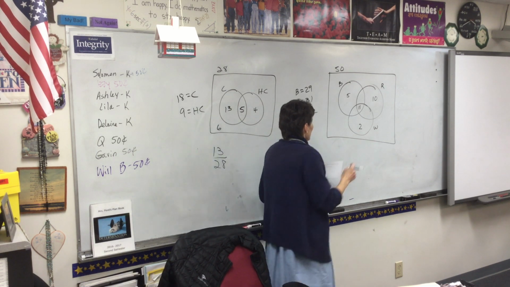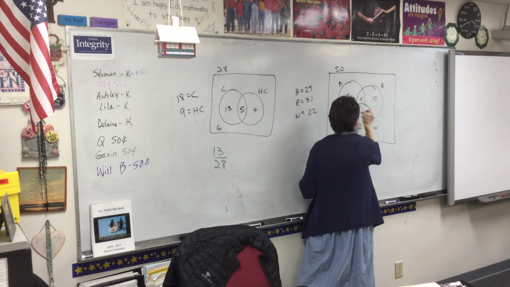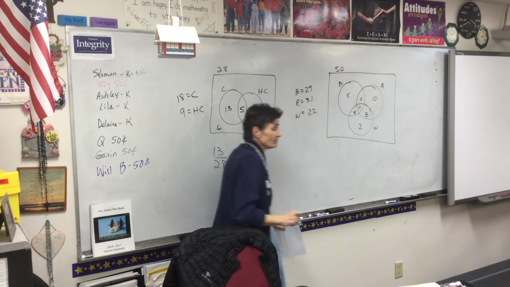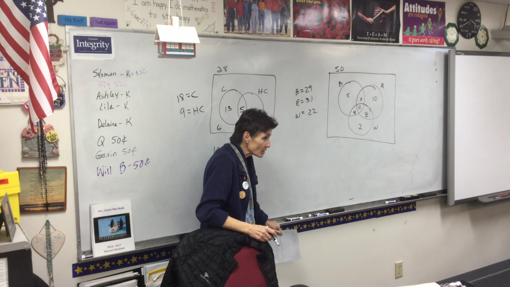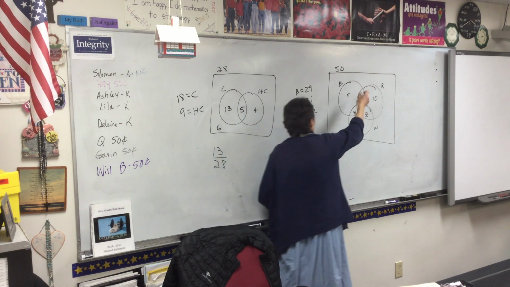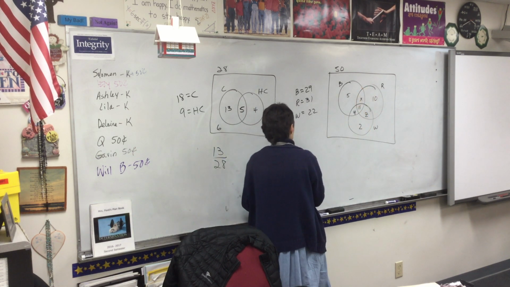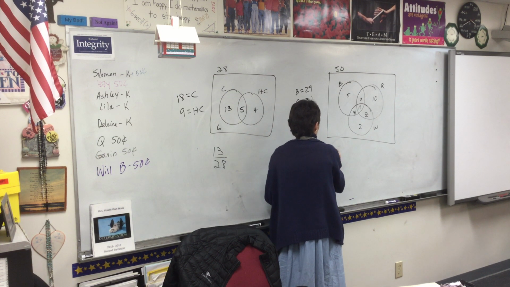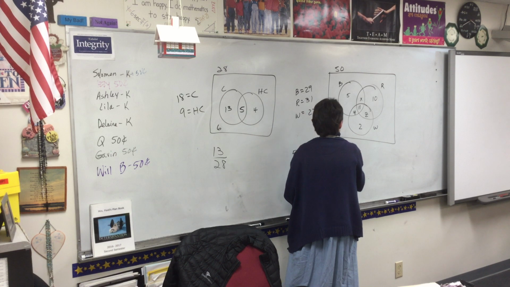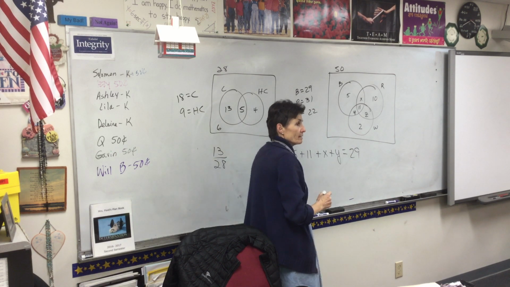Now, I have the same 3 areas left that I always have. And so I'm going to write some equations. All right? What is my blue Gatorade equation going to look like? 5 plus 11 plus x plus y equals 29.